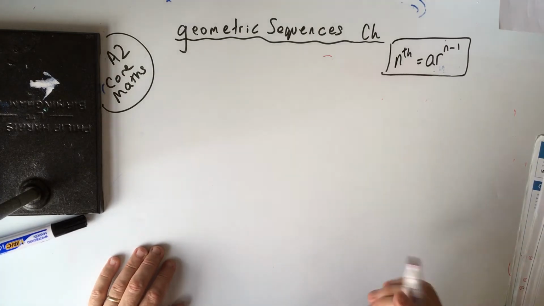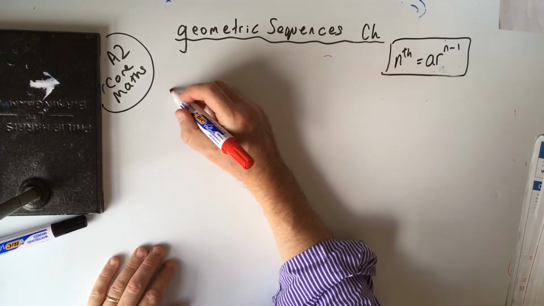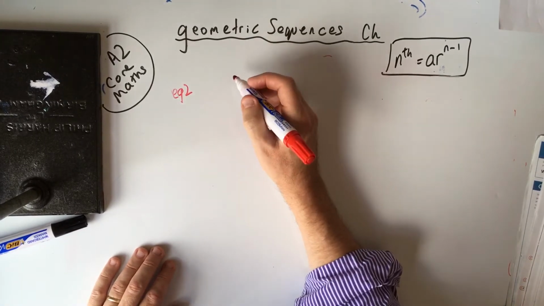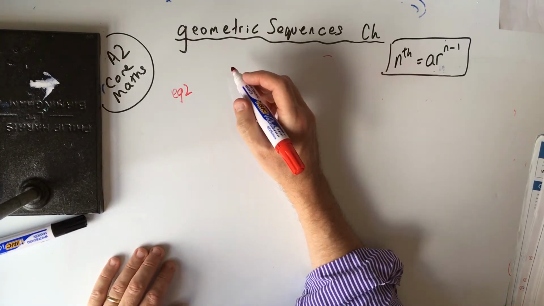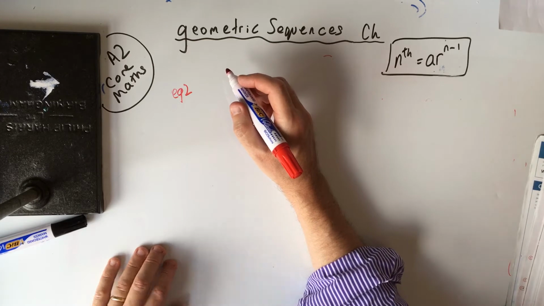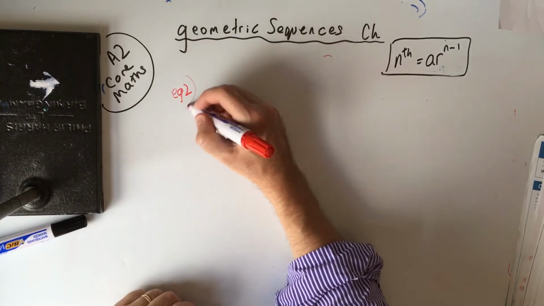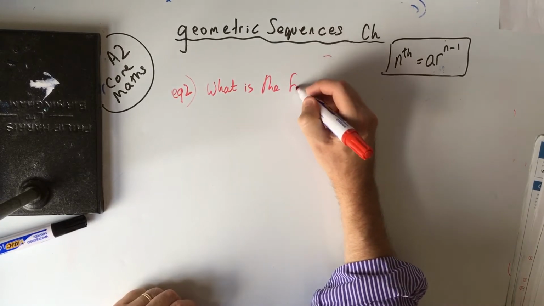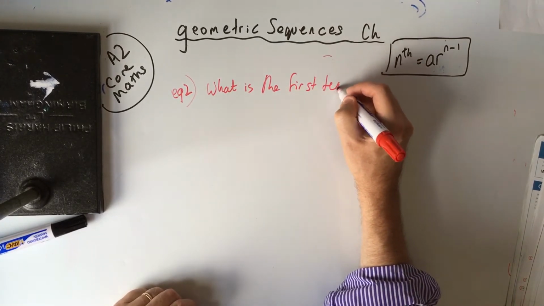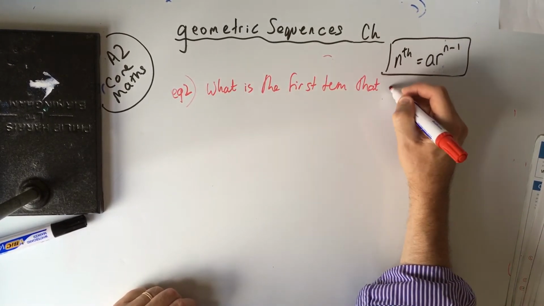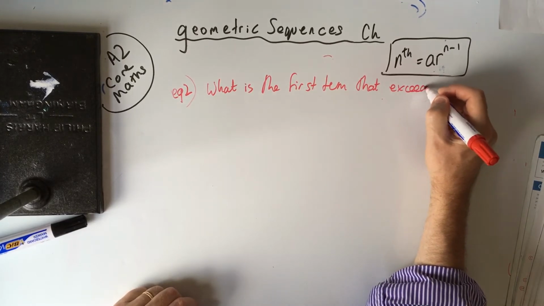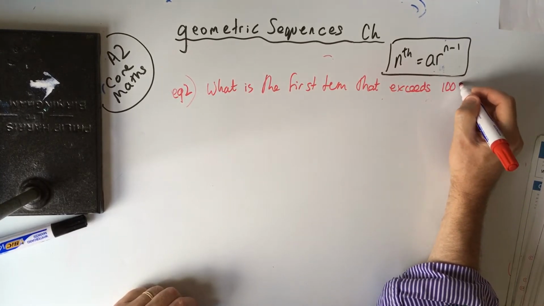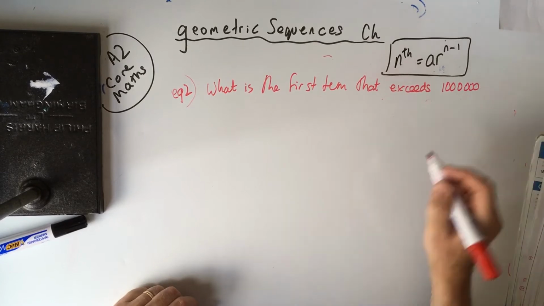So here we go. The other example is this, EG2. What is the first term in the geometric series that exceeds 1 million? Oops, 6 noughts there.